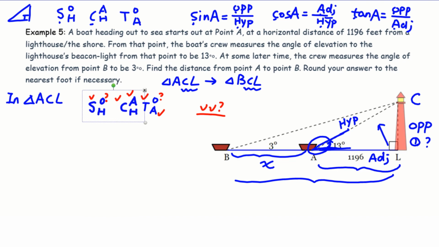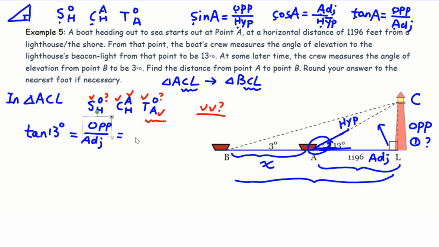That will be the tan. T represents tan, and the angle we picked must follow the tan. Then this represents the trig ratio, opposite over adjacent. Then we sub in: the opposite is unknown and adjacent is 1196.